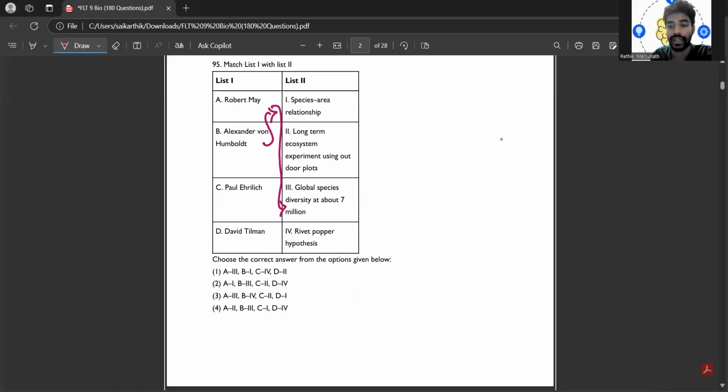The next one, Paul, worked on the rivet popper hypothesis, and David worked on the long-term ecosystem experiment using outdoor plots. So this is the correct choice.